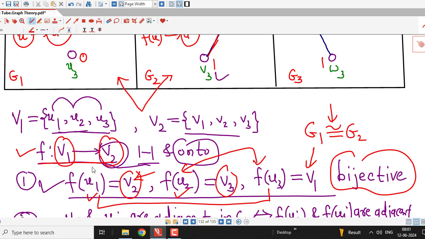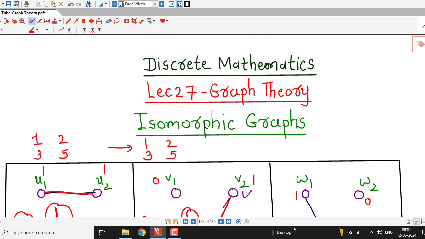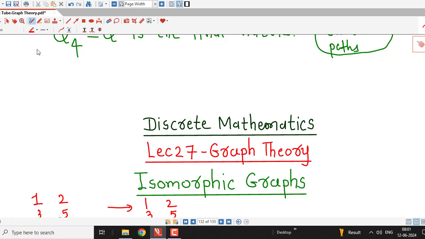But to prove that given graphs are not isomorphic, we can show that at least one of these properties is not satisfied.